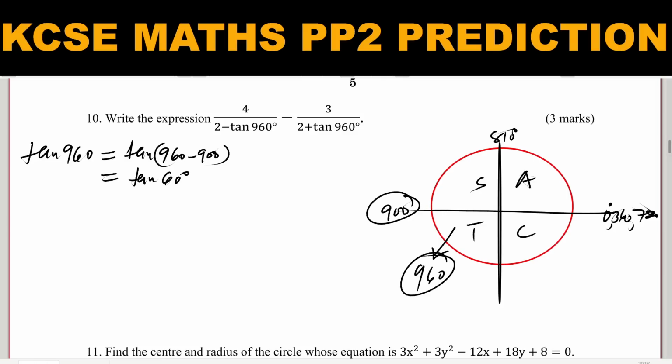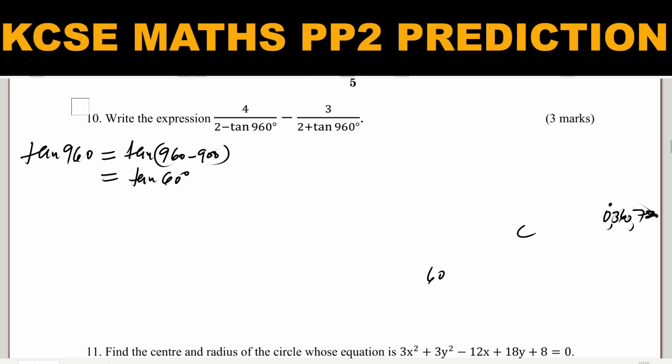So therefore, tan of 960 is equivalent to tan of 60. So after now getting that, you should now get the tan of 60 in surd form.